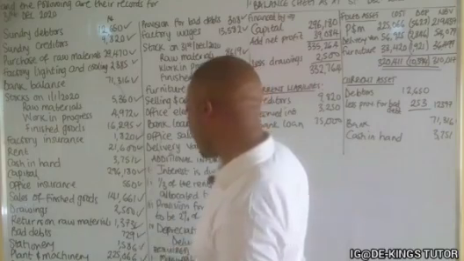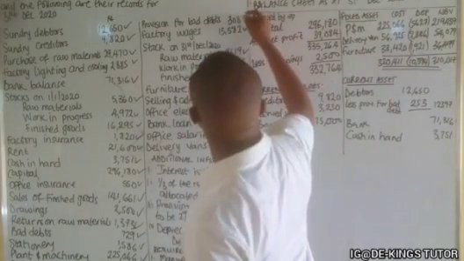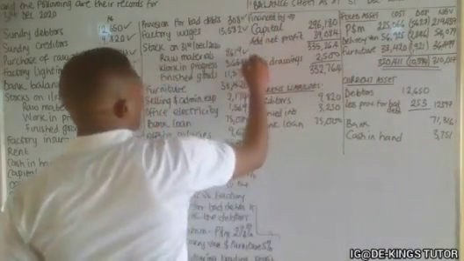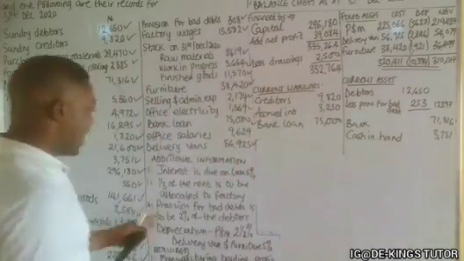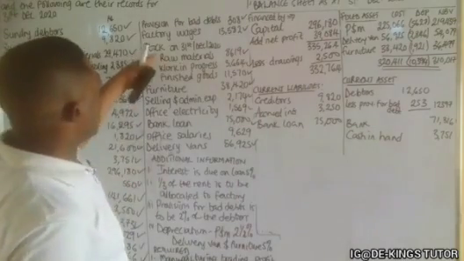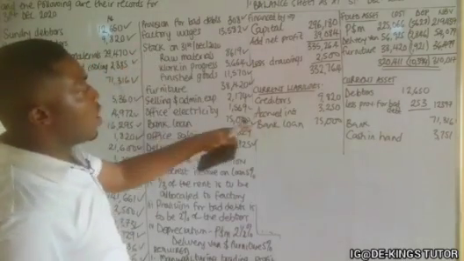We'll check. We've done sales, we've done stationery, we've done this and this. That's all. Now what remains is the closing stock. Remember, the closing stock will also appear here.